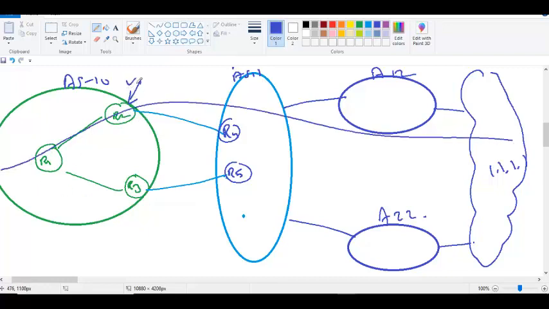I have set local preference 200. The default is 100, everywhere. By configuring local preference 200 here, what I'm expecting is that everyone, including router 3, goes this path to reach 1.1.1.1. But it is not going. What may be the reason? It is still going via router 3.